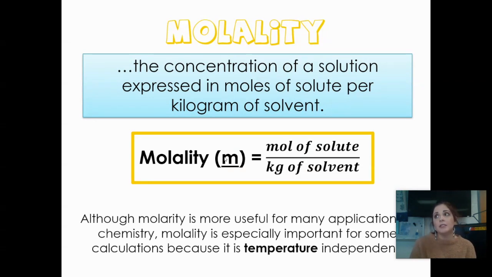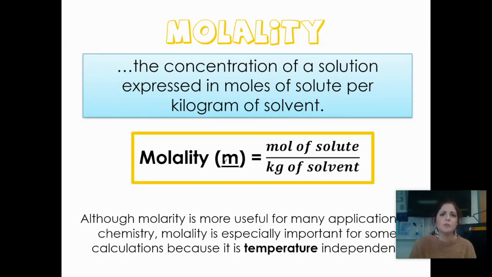Well, that's because a lot of times concentration can change when the temperature of a solution changes. And that's because the volume of a solution can change just a little bit, not a lot, but enough that it could skew some results.